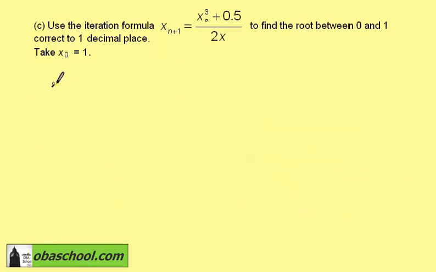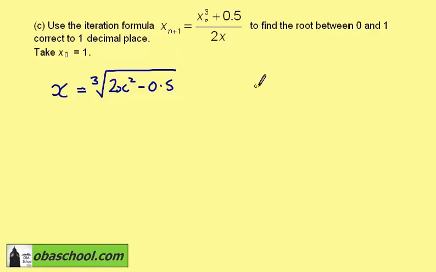It's worth noting that in the last two examples, this one and the one before, we worked with the same equation, x cubed minus 2x squared plus 0.5 equals 0. In the last example, we rearranged to get x was the cube root of 2x squared minus 0.5.